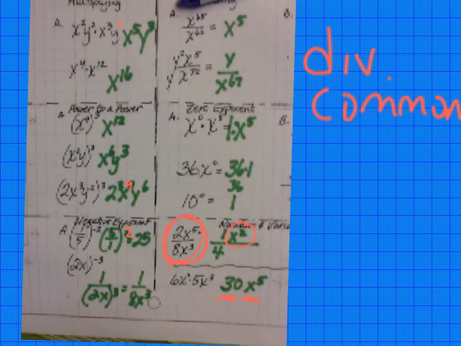So if it says x to the 0, it has to be rewritten as 1. If it says x to the negative 4, you have to rewrite it as 1 divided by x to the positive 4. It's only allowed to have positive exponents in a simplified answer. And then when you multiply or divide, you're going to just make sure that all common bases have been combined or canceled out.